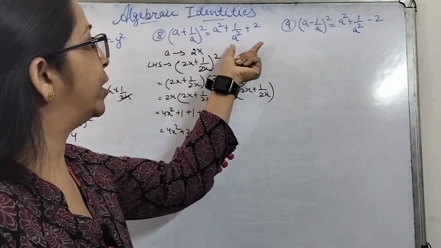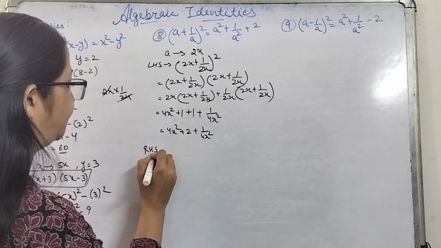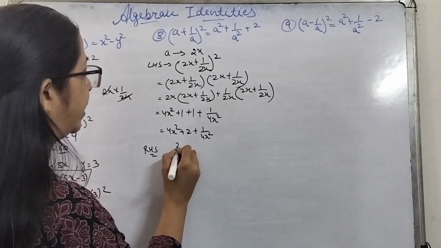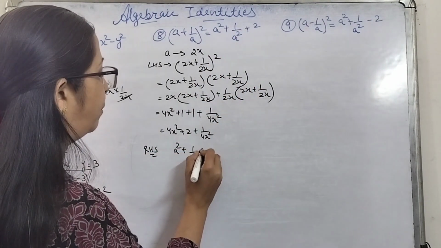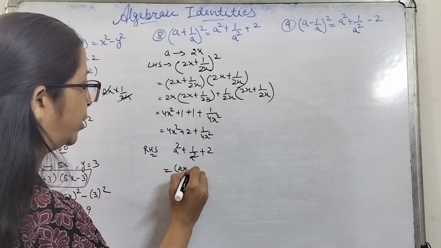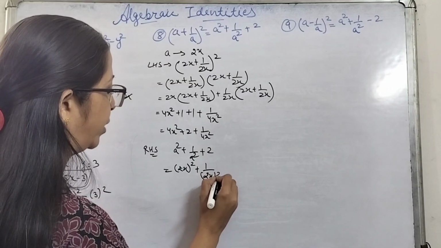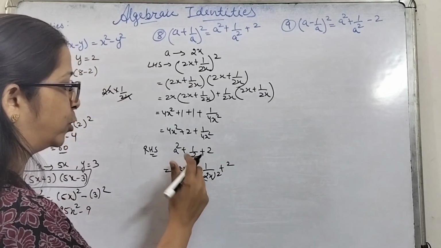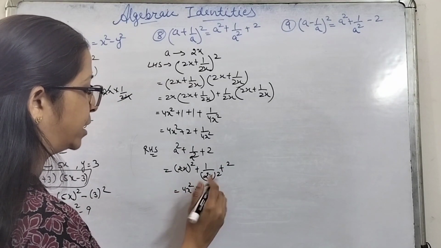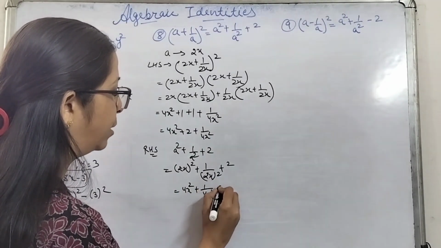And if we directly apply the identity, what will the RHS part be? It is a square plus 1 upon a square plus 2. So instead of a, we write 2x whole square plus 1 upon 2x whole square plus 2. 2x whole square means 4x square, and 1 upon 2x whole square will be 1 upon 4x square, plus 2.